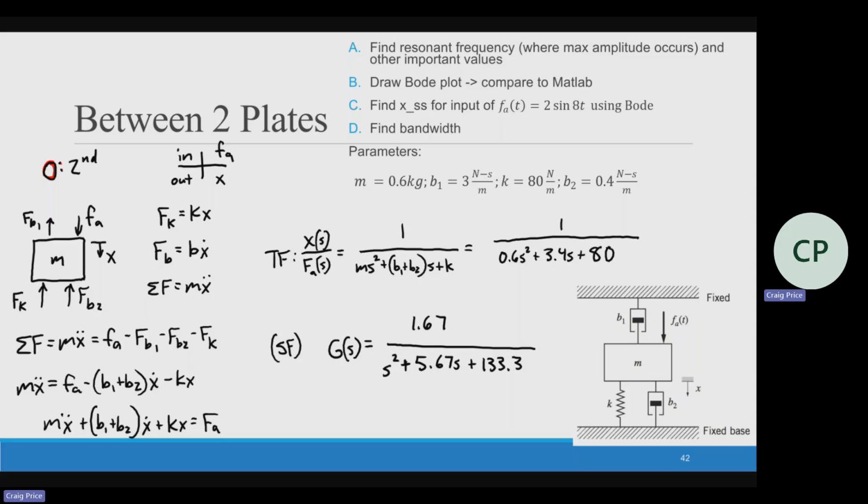Now we're going to try to find the result. By the end of class is part C. Try to find the steady state output for a certain input.